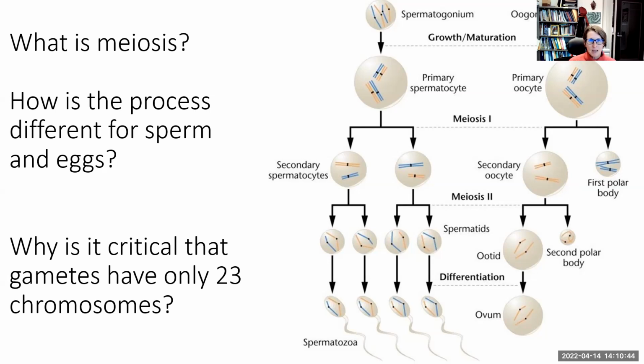Every time a gamete is made, through processes called crossing over and independent assortment, you get unique gametes, genetic variation. Non-disjunction is something else.